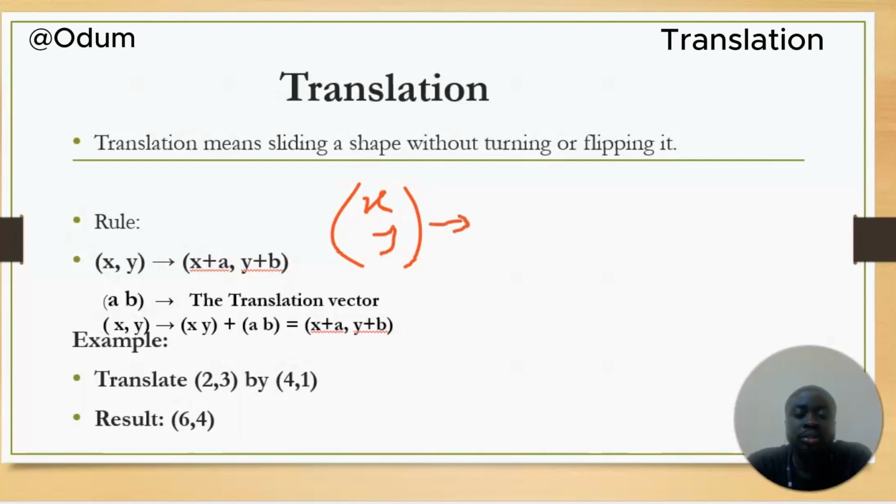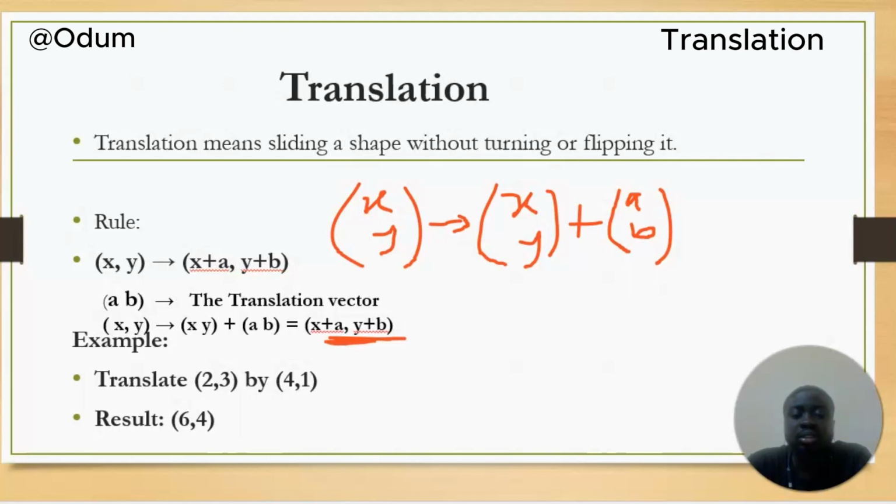Now we add this point to our translation vector, and mostly our translation vector is represented by (a, b). So this point plus the translation vector is going to give us this image.